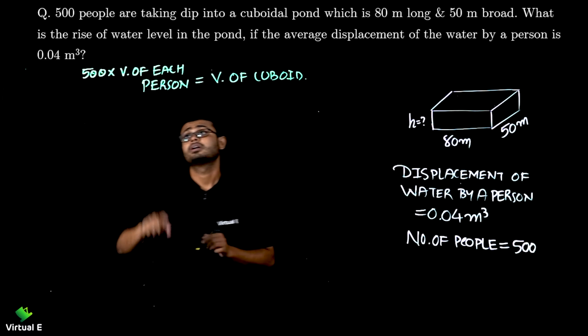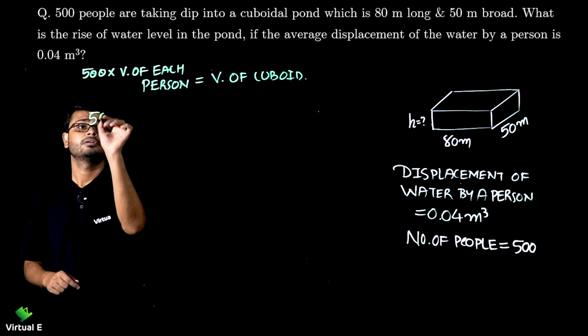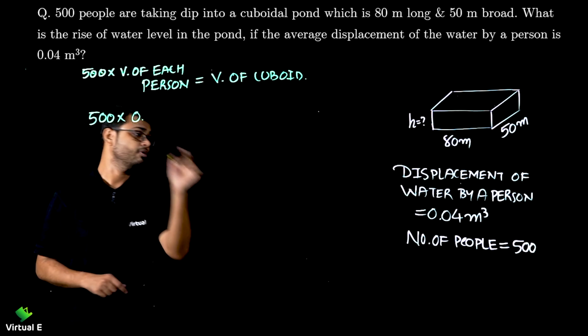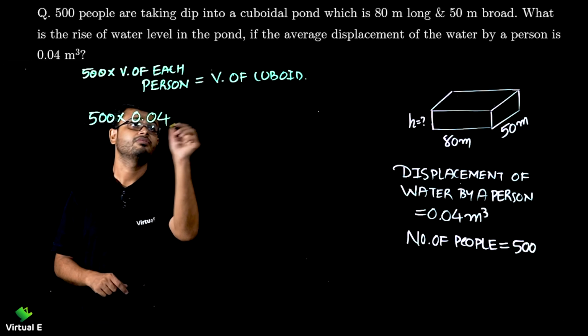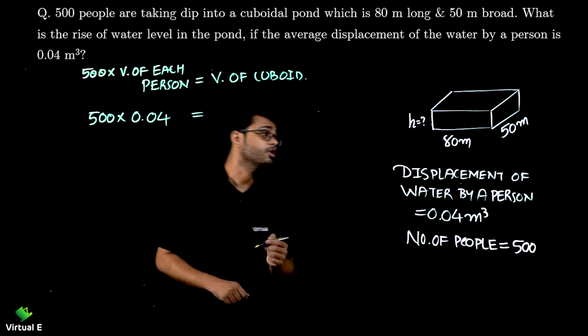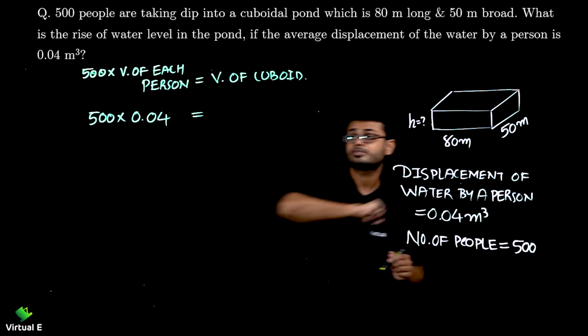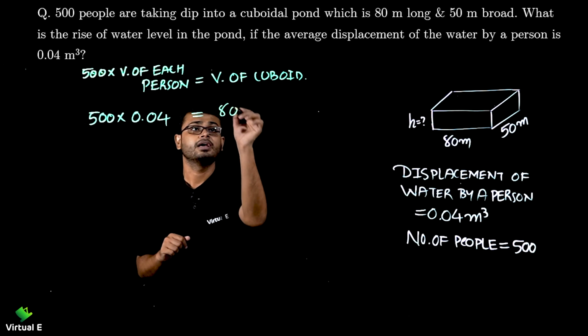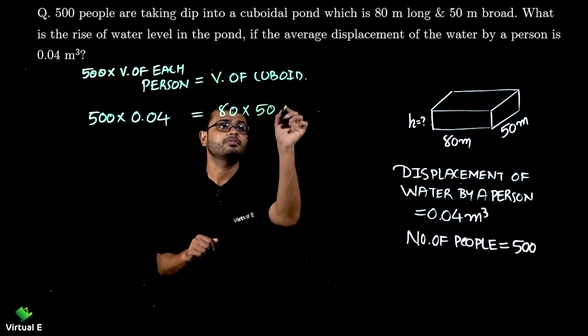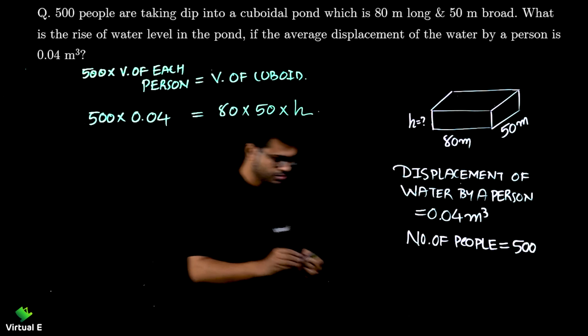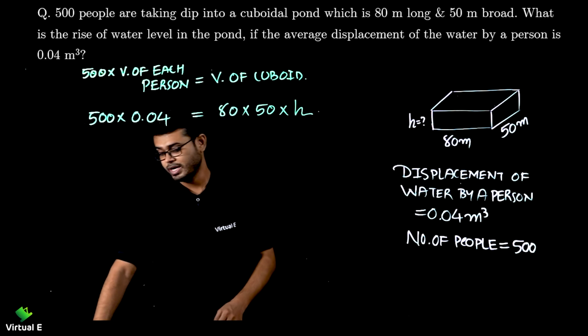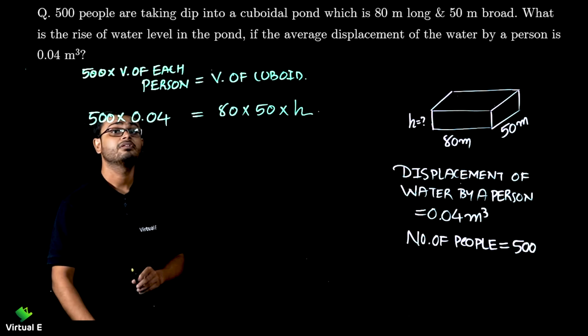So 500 multiplied by 0.04 is equal to, what's the volume of the cuboid? L into B into H. So let's write directly 80 into 50 into H, which will give you the volume.